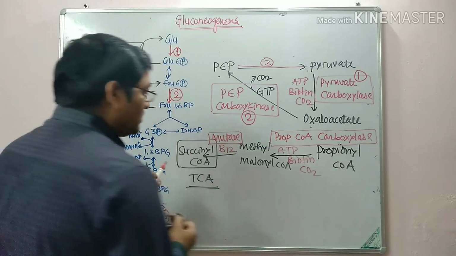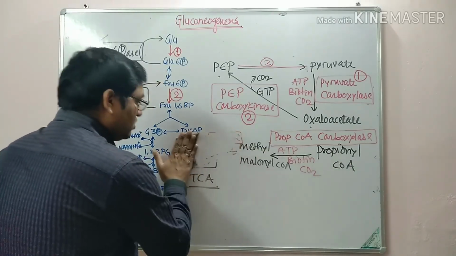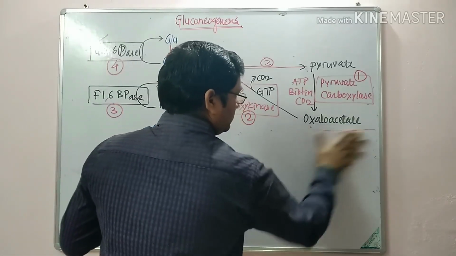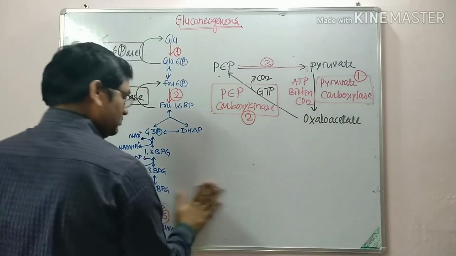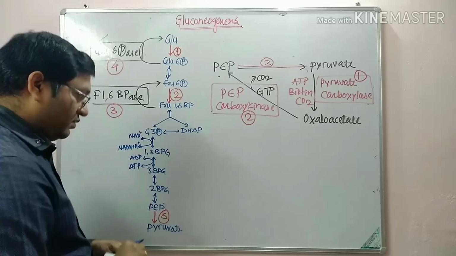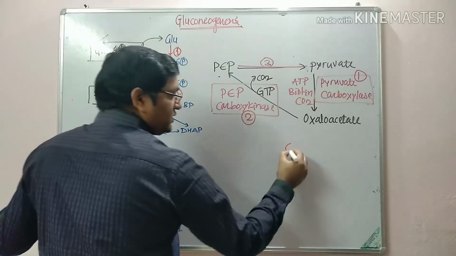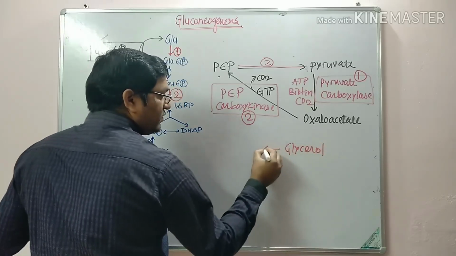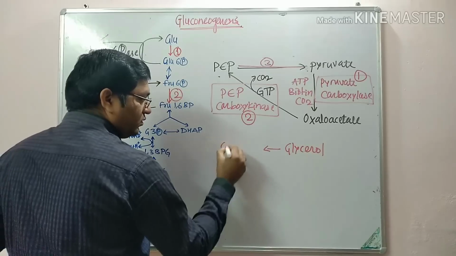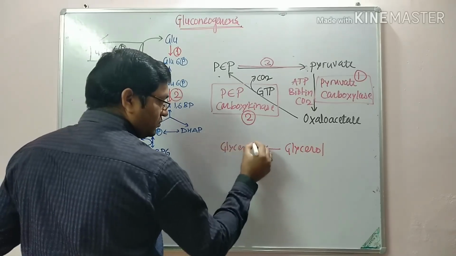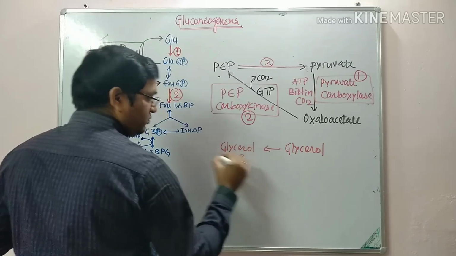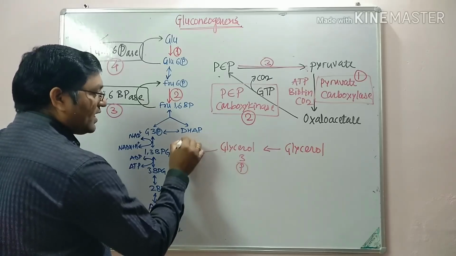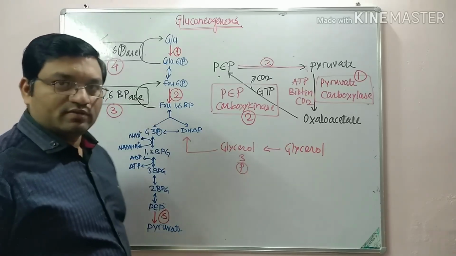Now coming to the synthesis of glucose from glycerol. This glycerol is converted into glycerol 3-phosphate, and this glycerol 3-phosphate is converted into dihydroxyacetone phosphate.